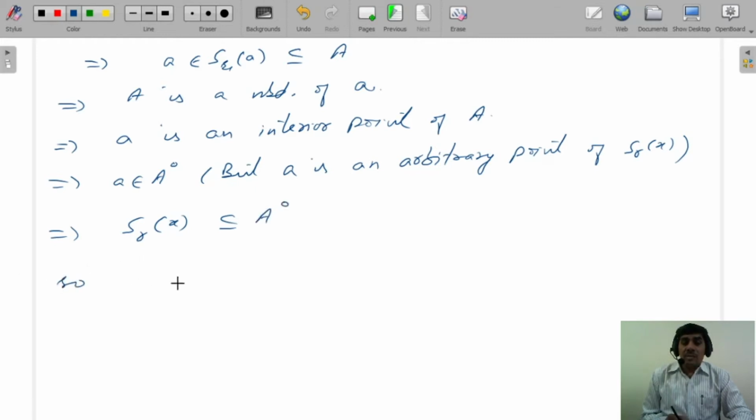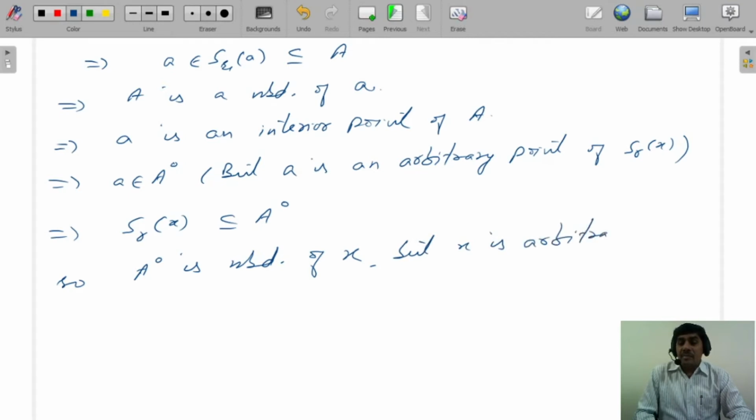So A interior is a neighborhood of x, but x is an arbitrary point of A interior.